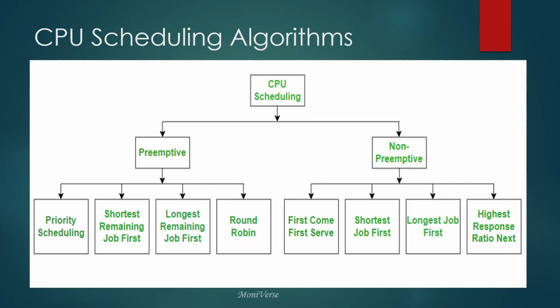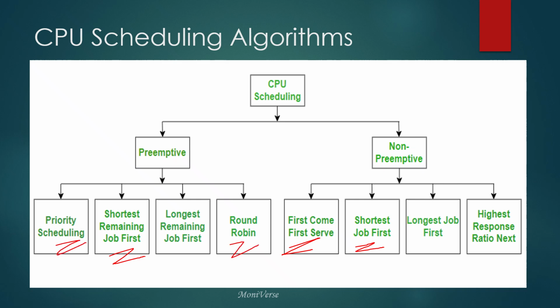So before getting into that, we can just see what all the categories of CPU scheduling algorithm. As you see here, there is something called first come first serve, then shortest job first, then shortest remaining job first, then priority scheduling, round robin method.